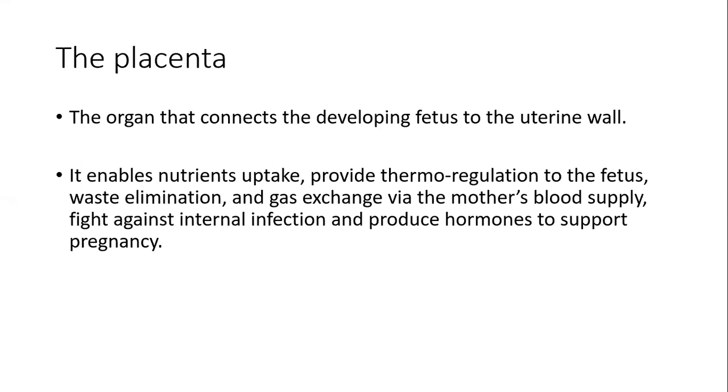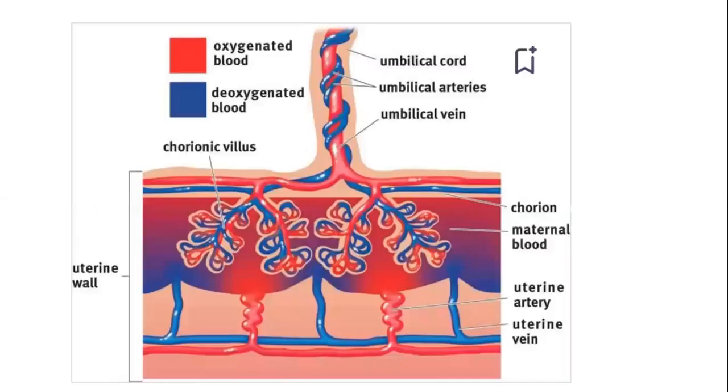It enables nutrient uptake, provides thermoregulation to the fetus, eliminates waste products, enables gas exchange via the mother's blood supply, fights internal infection and produces hormones to support pregnancy. So this is a diagrammatic representation of a cross section of the placenta.